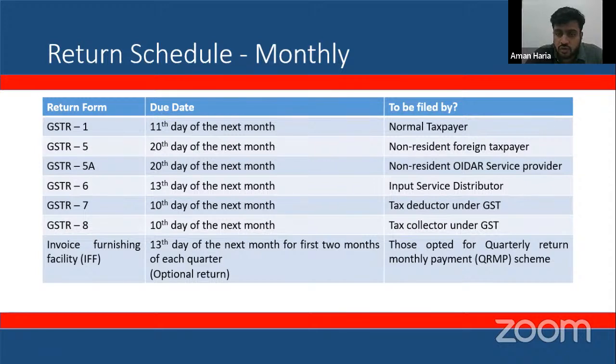So for the first 2 months of the quarter, this option is available for them because they have opted for quarterly return monthly payment. So in effect, even though they have opted for a quarterly return monthly payment, by filing an IFF every month, they are again filing this return on a month-on-month basis. However, this option is optional.